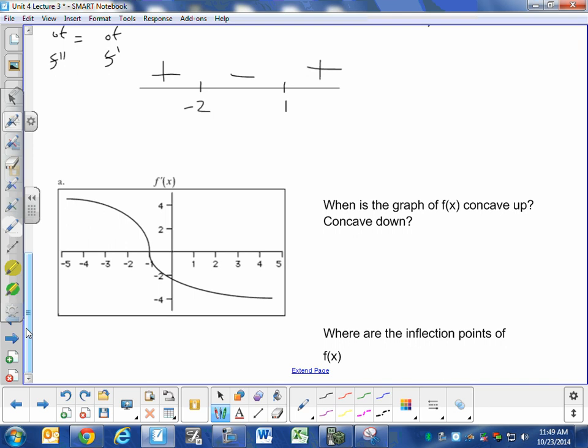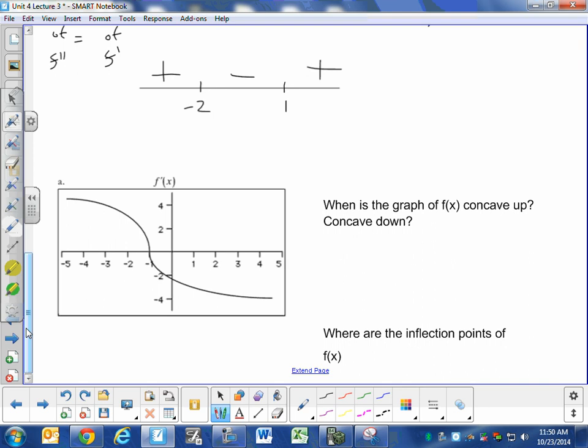What do we think, Ms. Pennington? Yes. Don't say the slopes are decreasing. Say the slopes are negative the entire time, because if you say the slopes are decreasing, you're talking about the second derivative of this first derivative. So they're all negative.